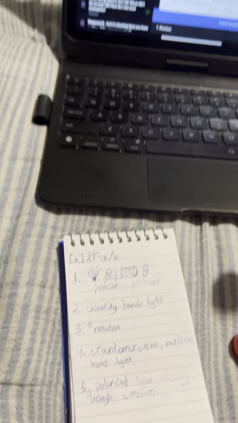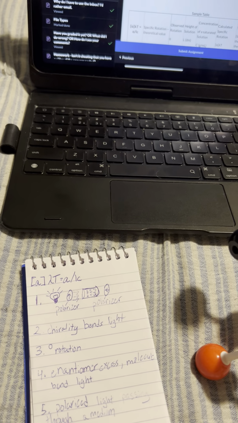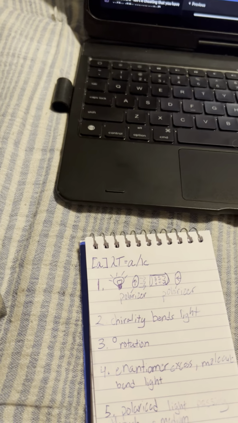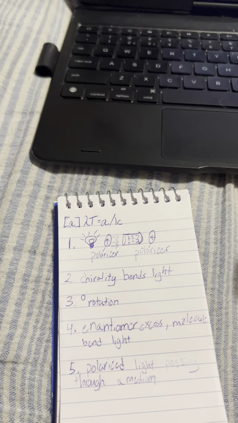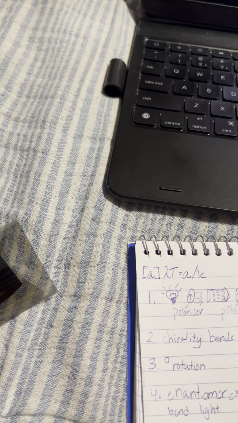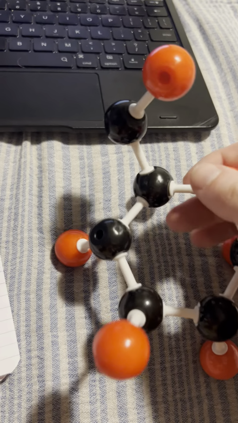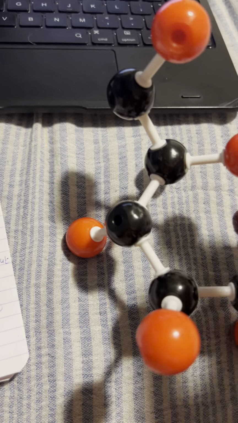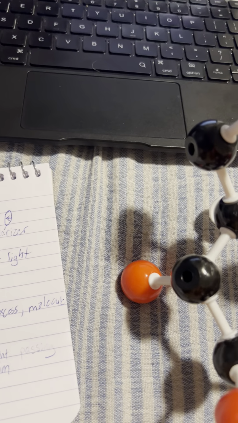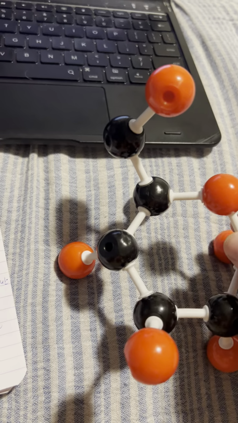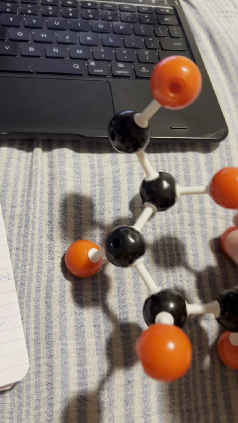We can observe that these molecules are optically active by a degree of rotation, by using the polarizing sheets, but we also know they can be optically active by knowing if a molecule is chiral or not. Chiral molecules are optically active and achiral molecules are optically inactive.